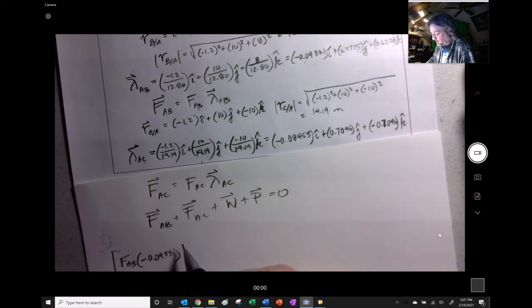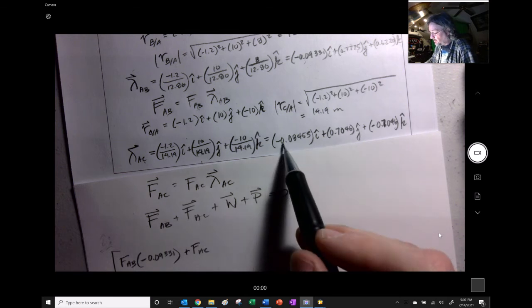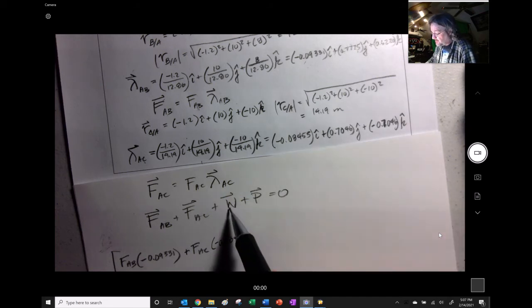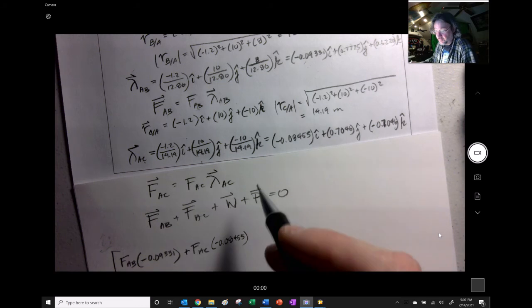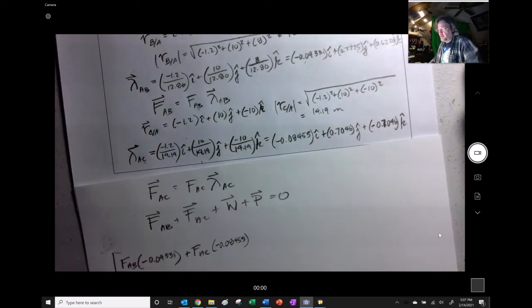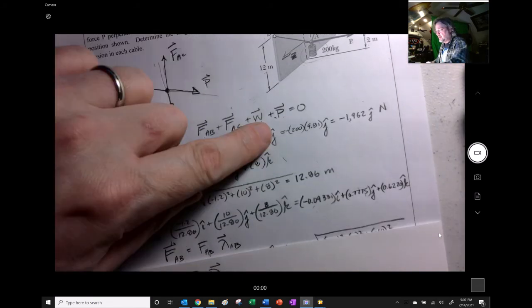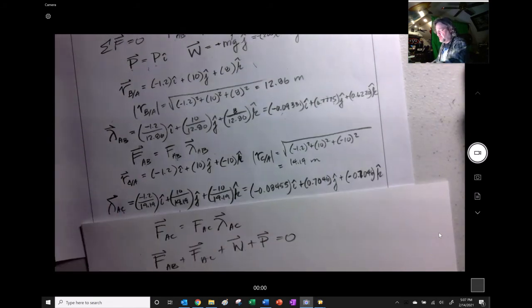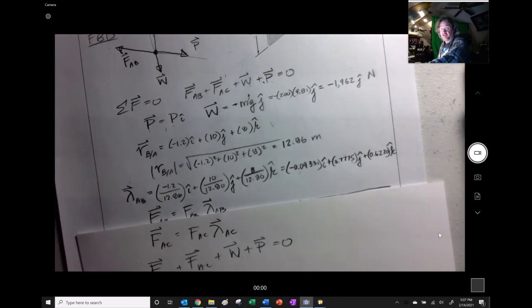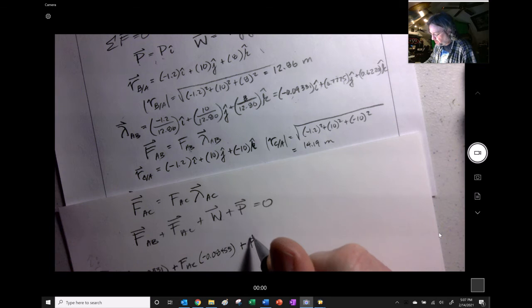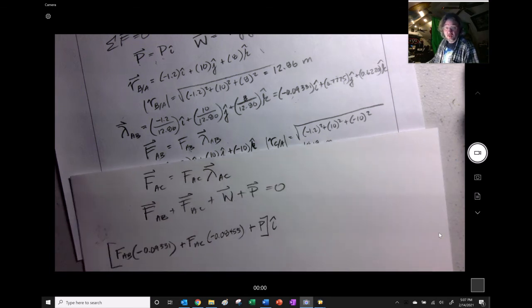Let's take the I of this, so we're adding in FAC, and the I is a negative 0.08455. And then take the I of the weight, which is nothing. There's no I involved in W. Remember, the weight is only in the J direction. And then we take the I of P, which is completely in the I direction, so all we're going to have is a plus P. And that's all in the I.